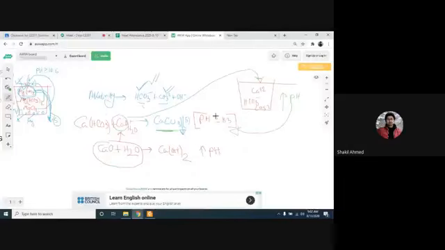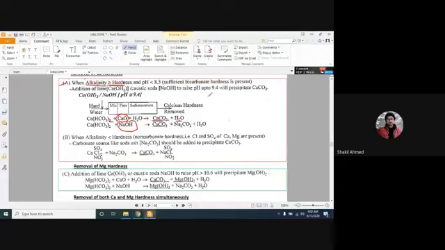So at least 8.3, you have to increase it, so 9.4. How have you increased it? By adding calcium oxide. Or you can add sodium hydroxide, which will also raise your pH to this. Then this will be converted to calcium carbonate, and whenever you get this, it will precipitate. Is it clear?